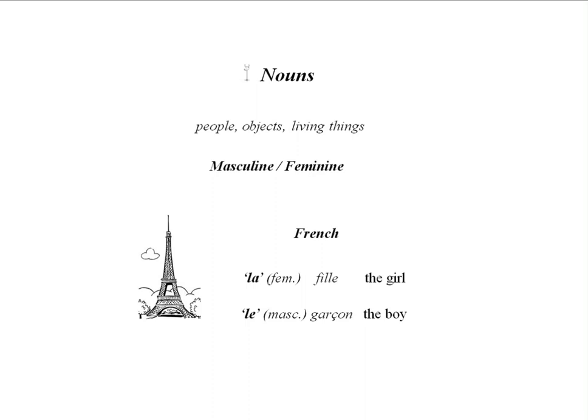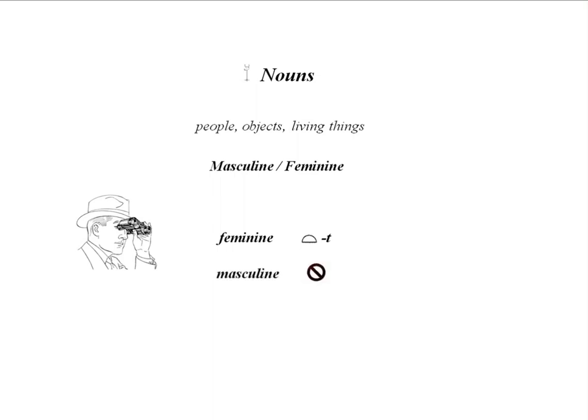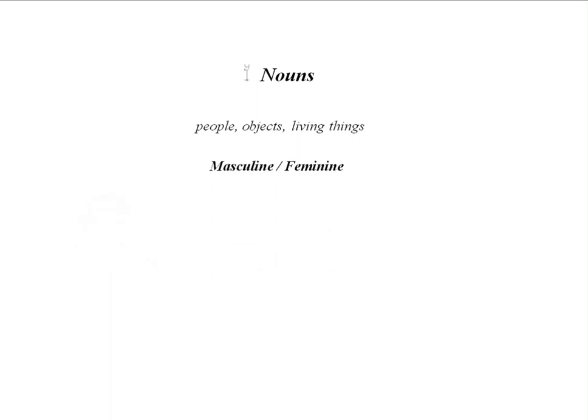Fortunately, this distinction is very easy to spot in ancient Egyptian, since feminine nouns almost always end in T, whereas masculine nouns rarely do. For example, this word is transliterated as s, for man.